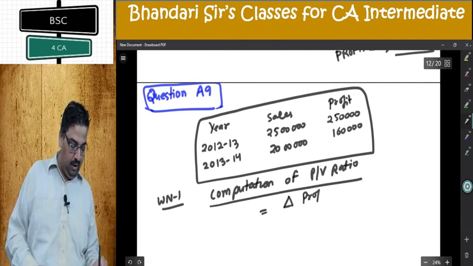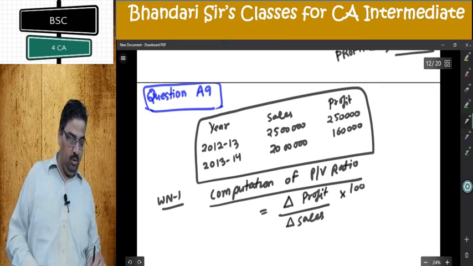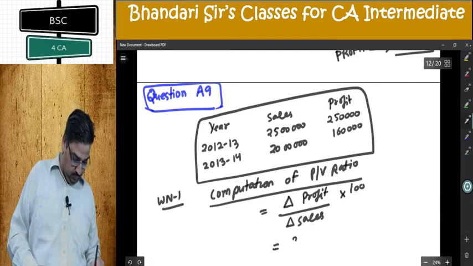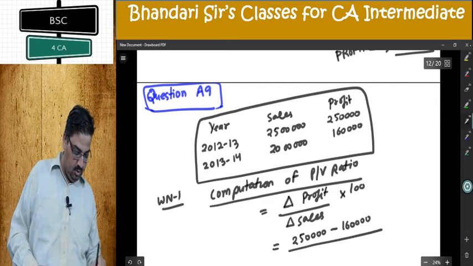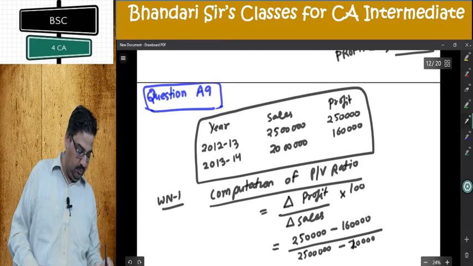Difference in profit divided by difference in sales into 100. 2,50,000 minus 1,60,000 divided by 25 lakh minus 20 lakh into 100.